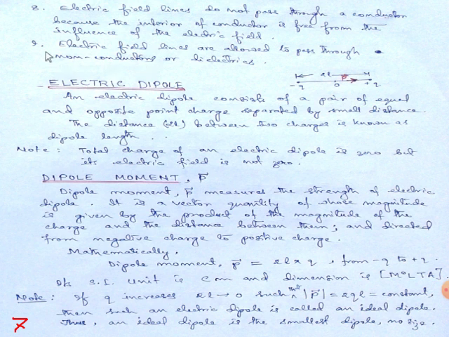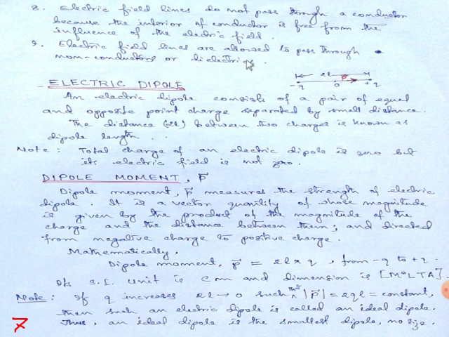Number 9, last property. Electric field lines are allowed to pass through a non-conductor or dielectric. Non-conductor means insulator, okay? So electric field lines are allowed to pass through them.